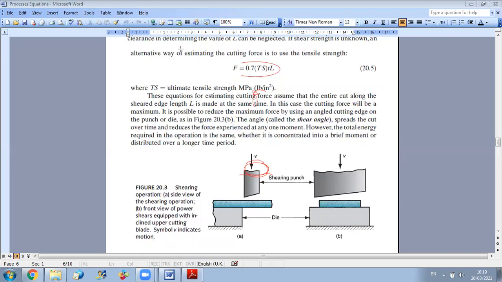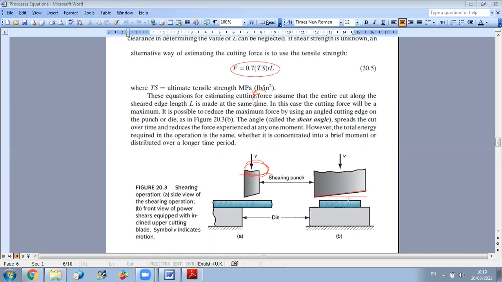Because here it depends on your shear angle. If you have a zero angle, then at one moment the whole perimeter experiences the force at the same time. On the other hand, if you have a certain shear angle, then the cut will be performed over a longer period of time, because you gradually do your cut.